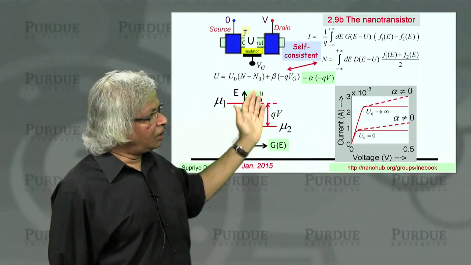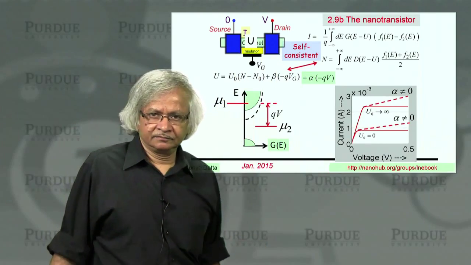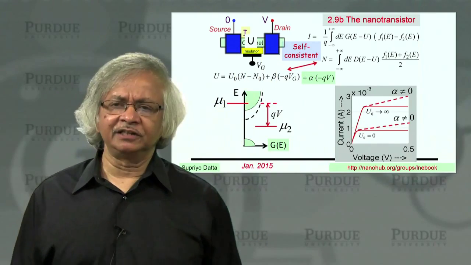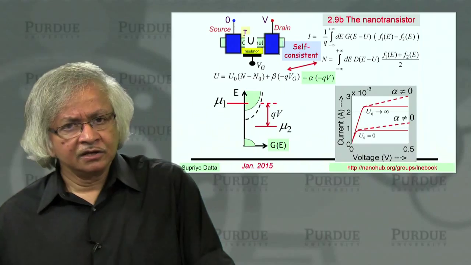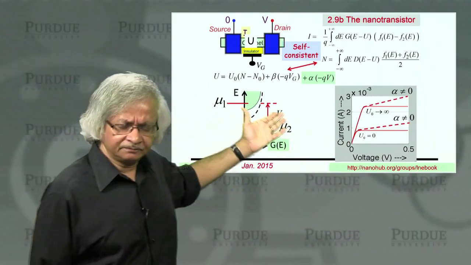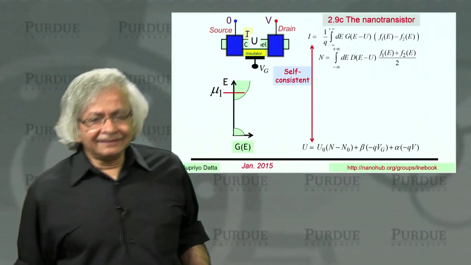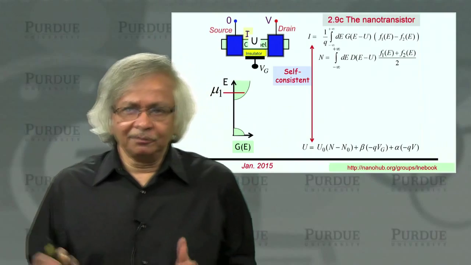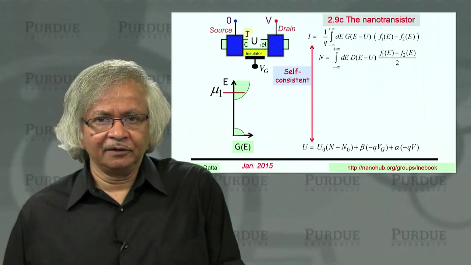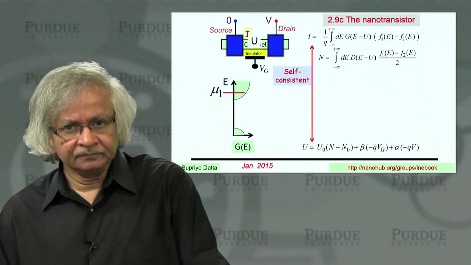Okay? So all this you can see from this simple model. And if you're just trying to get a good qualitative understanding of how a transistor works, this is a very good model. On the other hand, if you want to be quantitative, then this isn't adequate. You have to go much deeper, because there will be other issues that you have ignored.